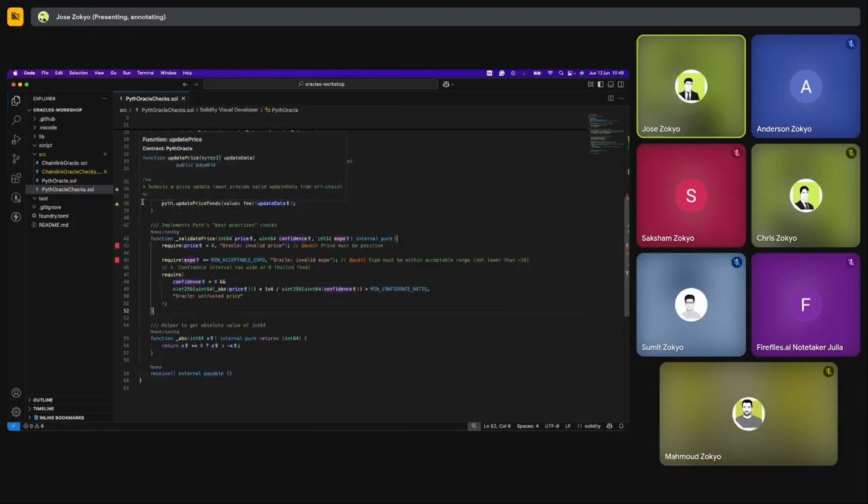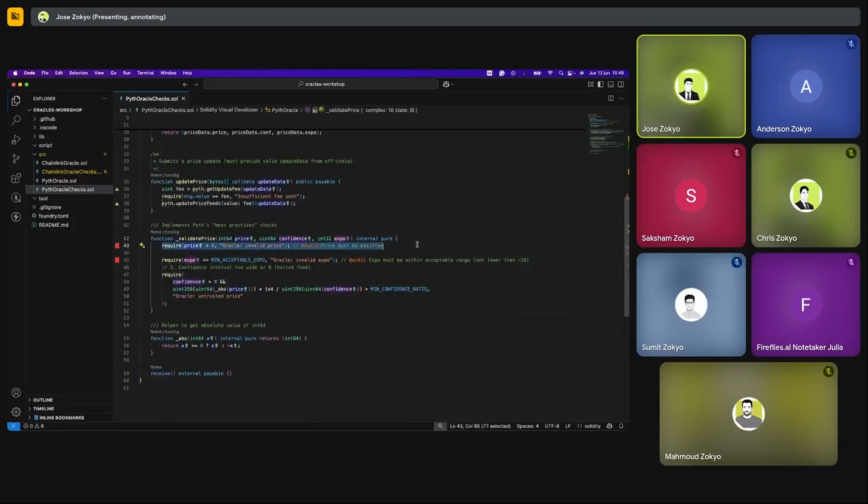One of them is checking the price, which I just mentioned as the base. We should be checking that the price is greater than 0. If the price is equal to 0, it would mean that it's not correct. And also we should be checking the exponent which was returned by the Pyth price feed.